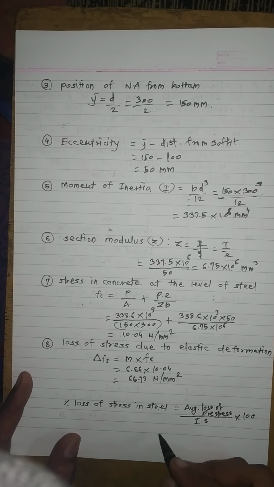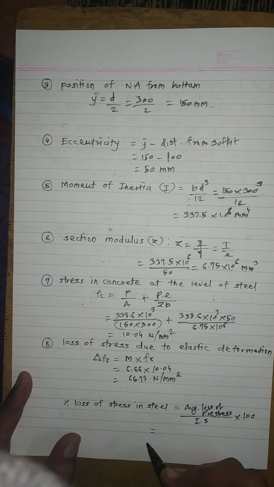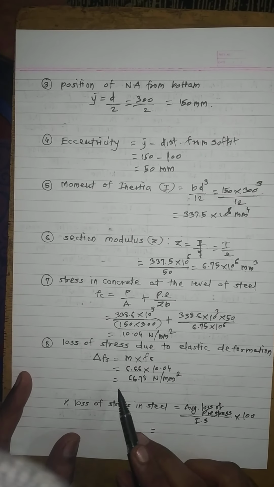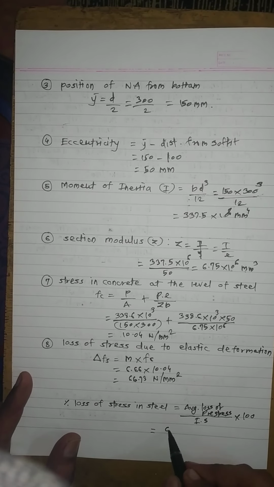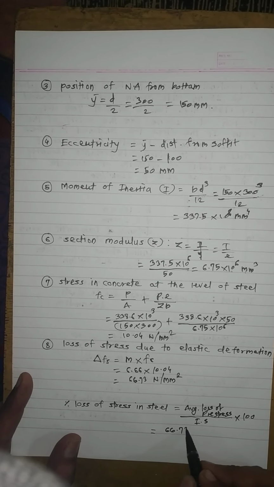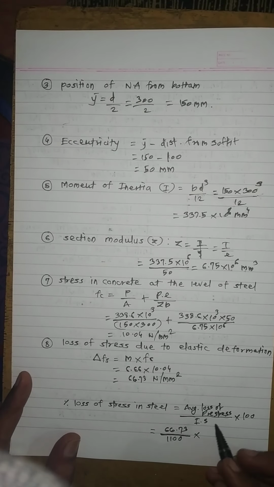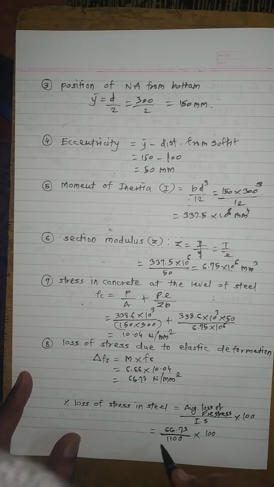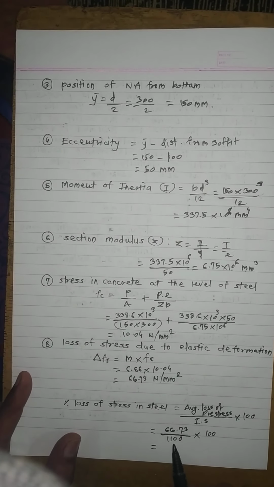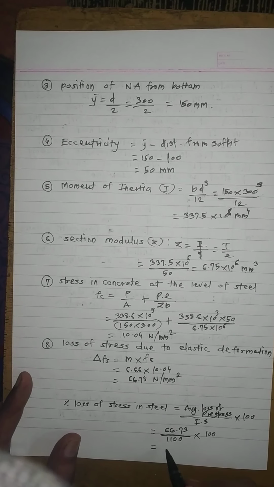The average loss of pre-stress, which is delta fs, is 66.73. Initial pre-stress is given in the problem, which is 1100, multiplied by 100. After calculation, the percentage loss of stress in steel is 6.06%.